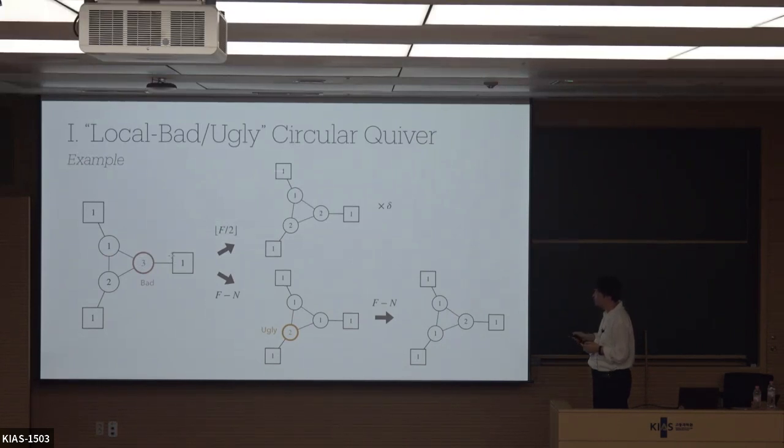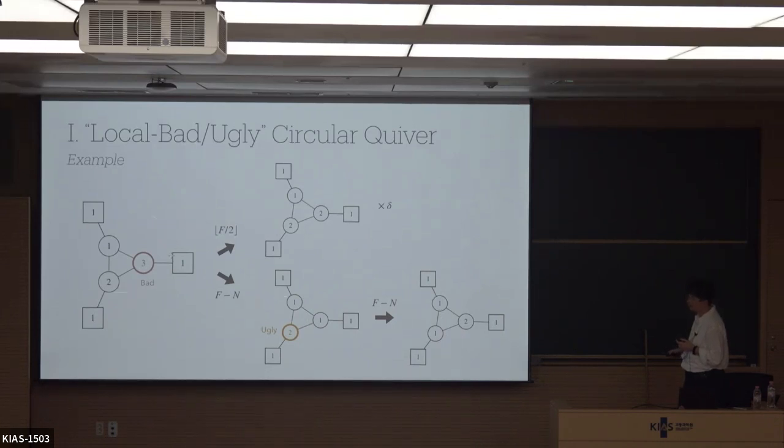In this case, the resulting theory is good, so it stops there. But in this case, we encounter a node which is ugly, which means that the monopole operator charged under this node has exactly conformal dimension 1/2, and it should decouple. Then we can dualize this further using the same relation, and the resulting theory looks like this, okay?